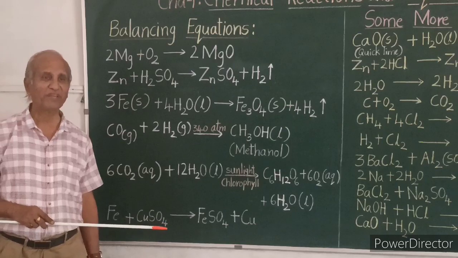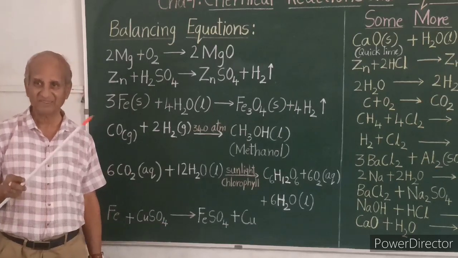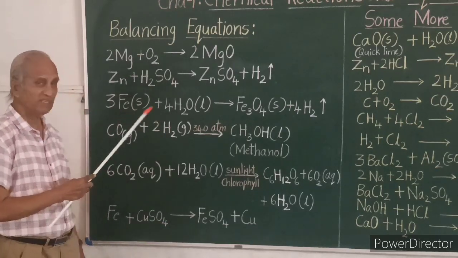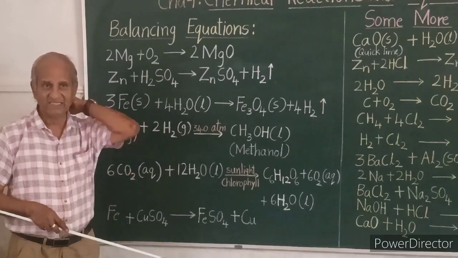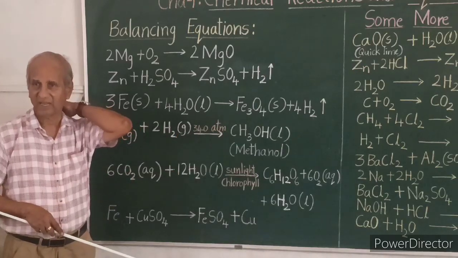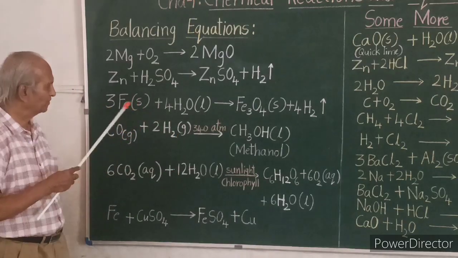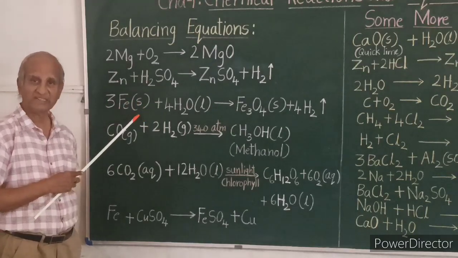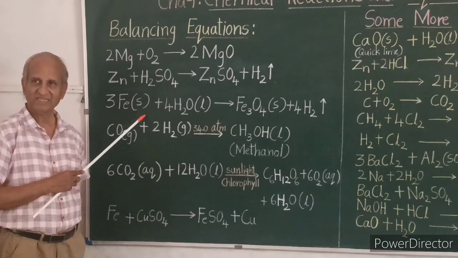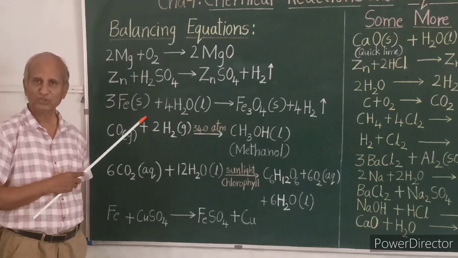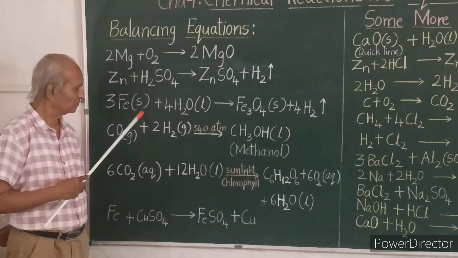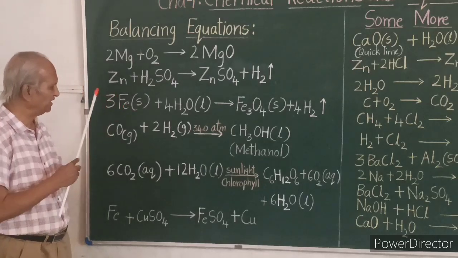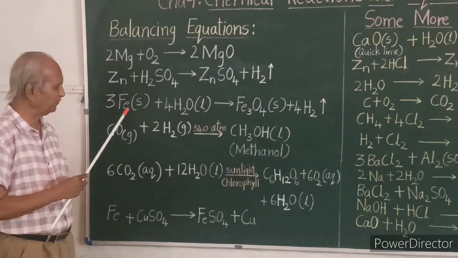Ferrum, ferrous, ferric, any word starting with Ferr stands for iron. Fe is iron. See, this is another symbol used while writing equations. Don't worry about 3 now. We will take only Fe.